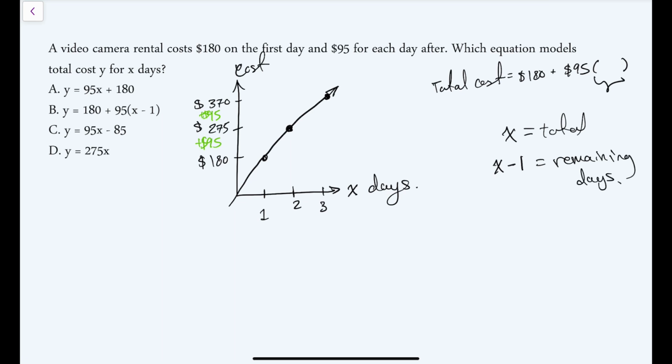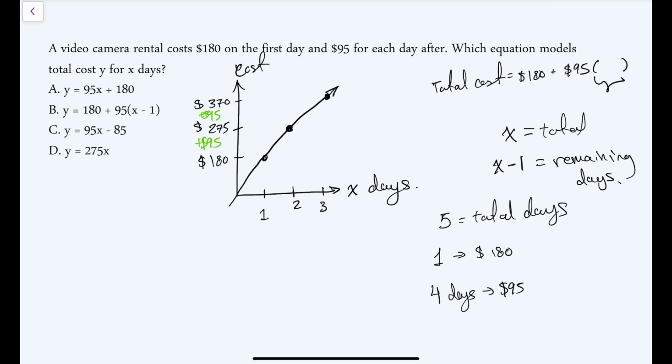We can think about it as a simple example. If total days is 5, that's total days, right? 1 day, that's day 1. One of them is $180. And then the other 4 days, the remaining 4 days, right, are $95 per day, so times 4.